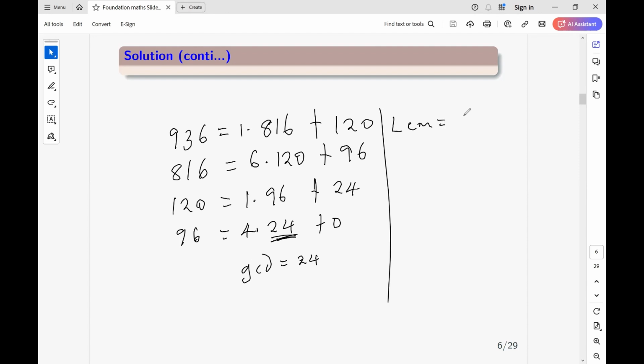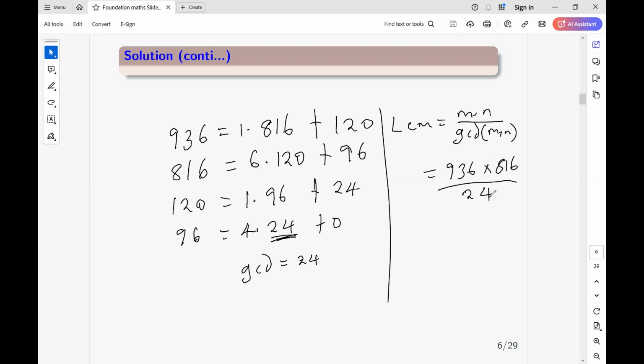What we want is the LCM. We found that the LCM is the same as the product of the two numbers divided by the GCD of the two numbers. The product of the two numbers, 936 and 816, and the GCD is 24.